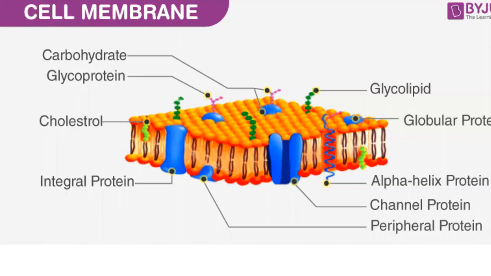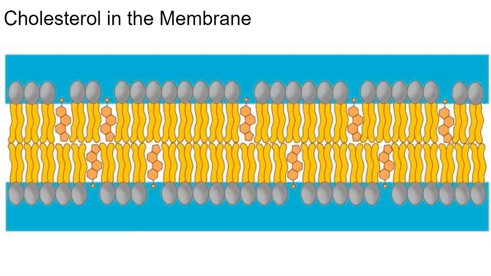So it's called the fluid mosaic model. And there's cholesterol in the membrane as well. Cholesterol is an important component of cell membranes. I believe cholesterol regulates just how much flow there is. It's an essential molecule in cell membranes.